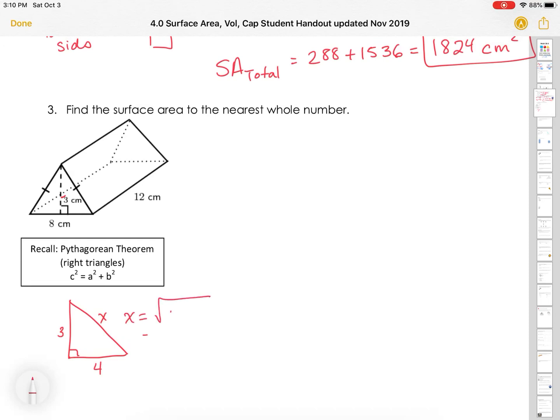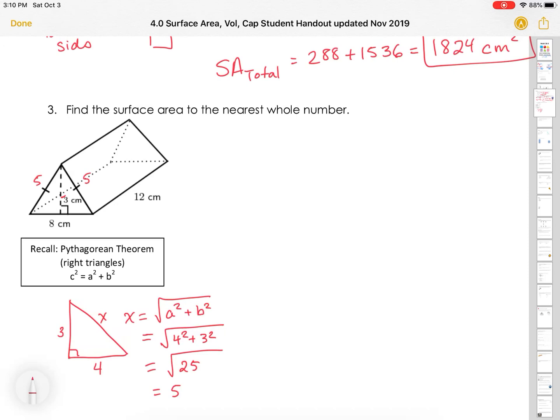It's the hypotenuse, so x is equal to a squared plus b squared, which is 4 squared plus 3 squared, which equals 16 plus 9, square root of 25, so it equals 5. So this side and this side are both 5s.